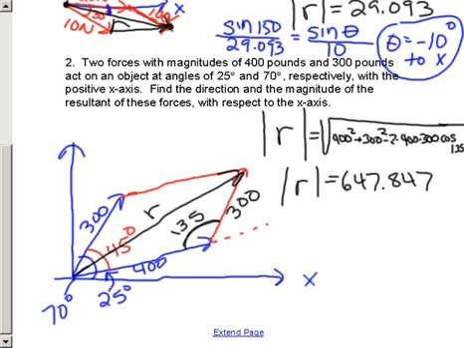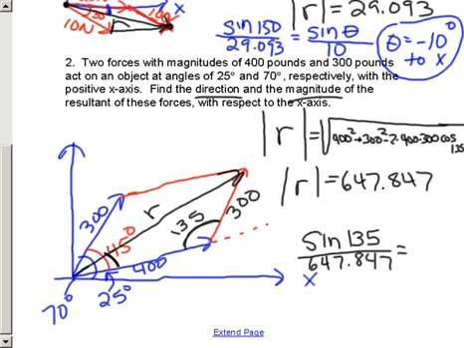And then it also asks for the direction, right? Find the direction and the magnitude. So sine of 135 over 647.847 equals... We're trying to find this angle if we're going from x, right?